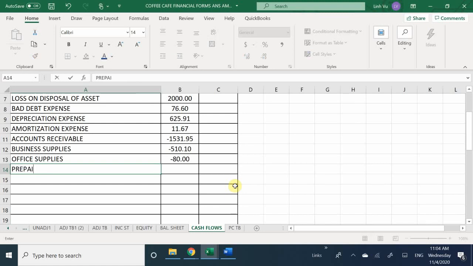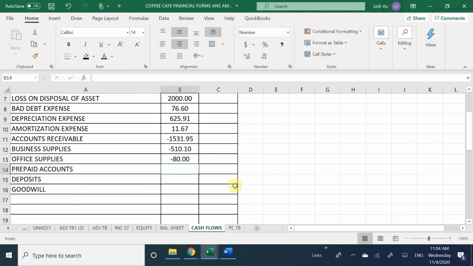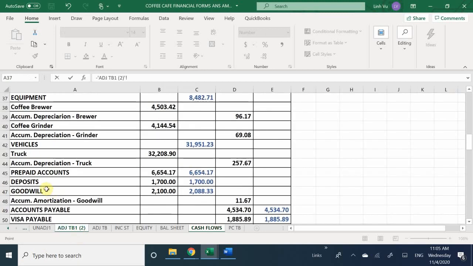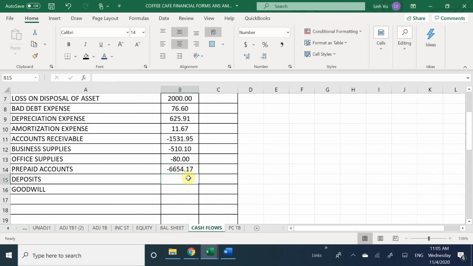Prepaid deposits and goodwill. Again, these are all going to be negative. My prepaid accounts is 665417.